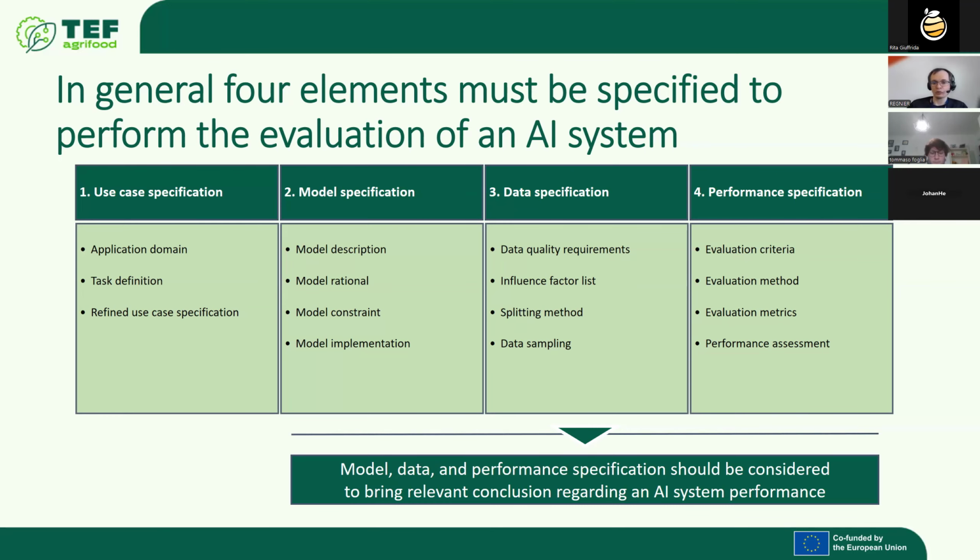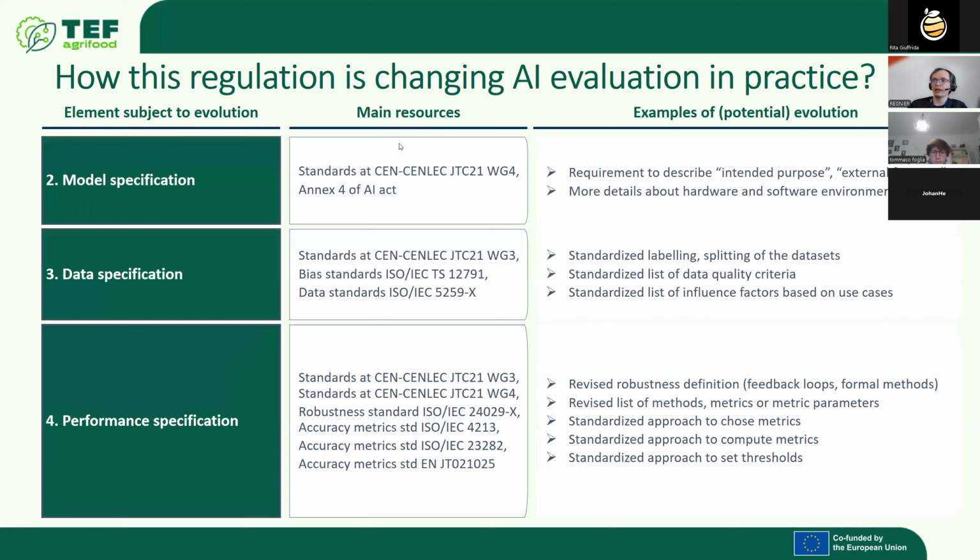I would like to conclude with how the Act will change the way we evaluate AI systems. With the introduction of harmonized standards, expected for next year, AI evaluation will become much more structured, transparent, and comparable across Europe.